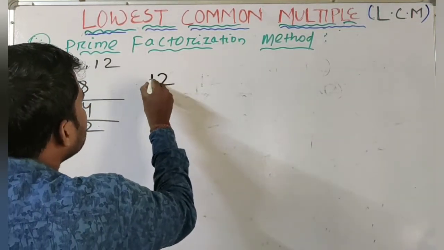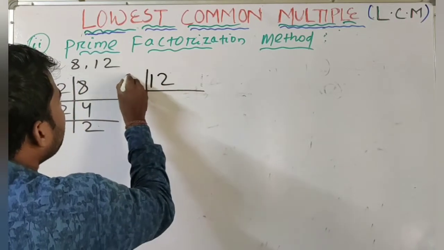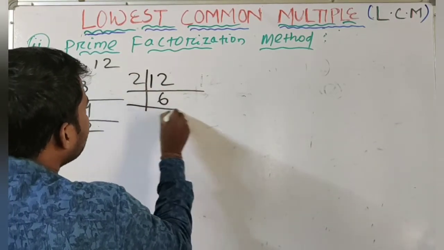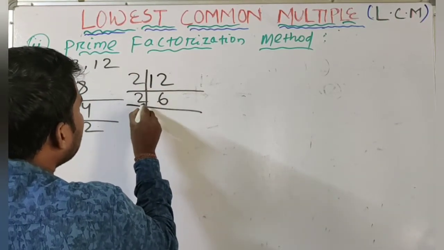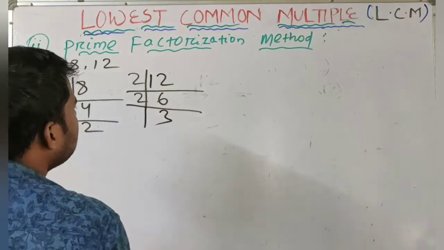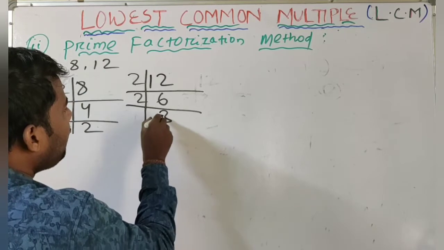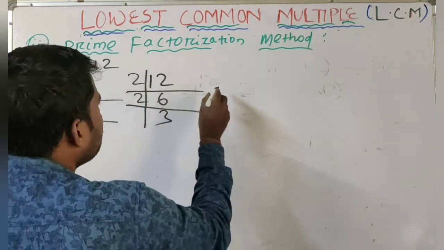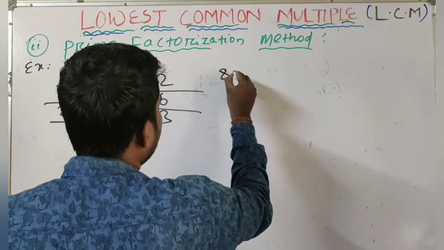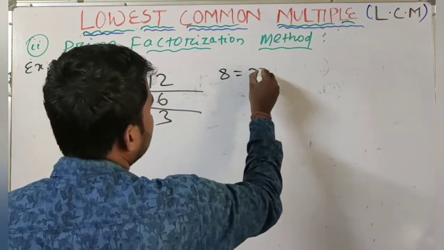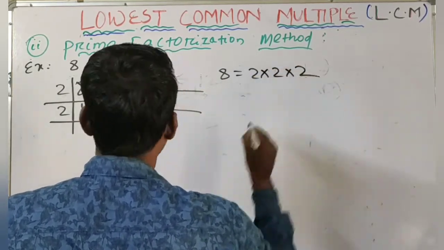Again 12 divided by 2 gives 6. When 6 is divided by 2 we get 3. Here 3 is a prime number. So we can write 8 is equal to 2 into 2 into 2.